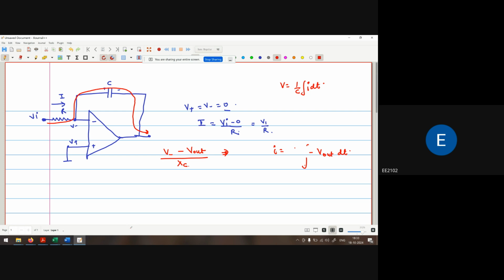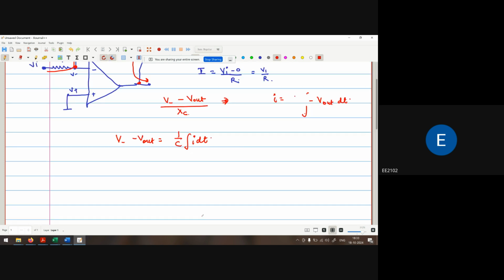Okay. Now V is what? The voltage from this point to this point. So V is nothing but V minus minus V out, which is equal to 1 by C integration of I dt. So V out is minus 1 by C integration of I dt.